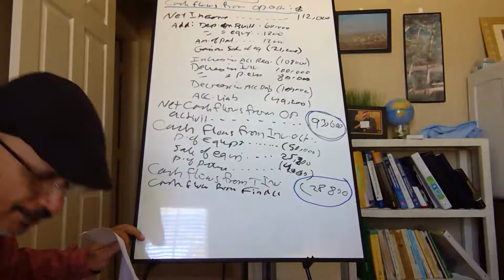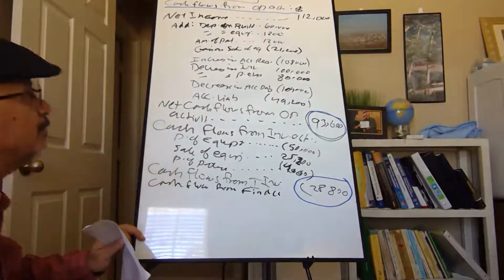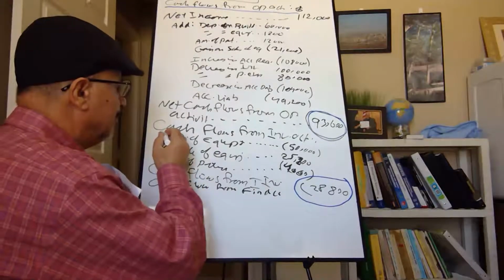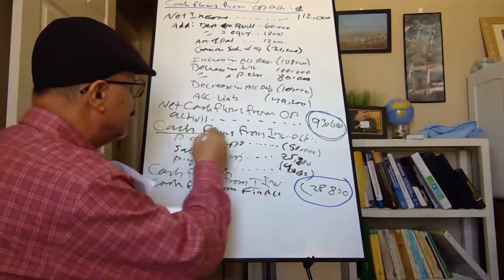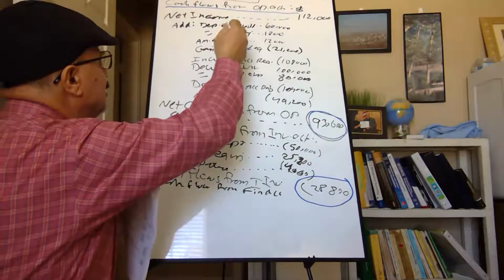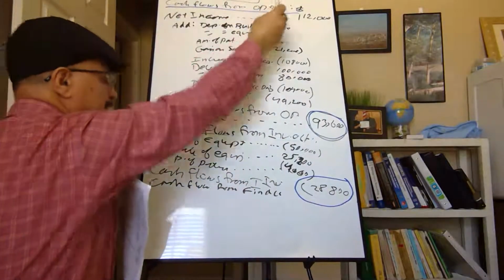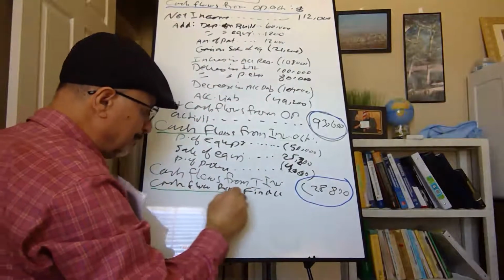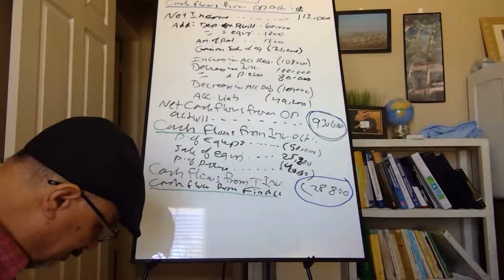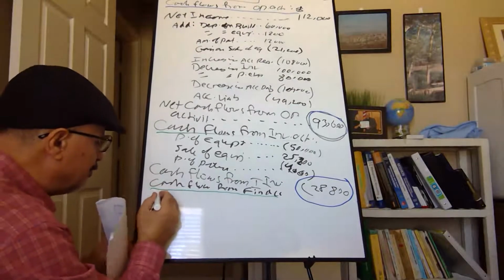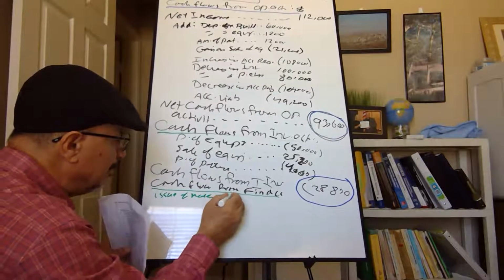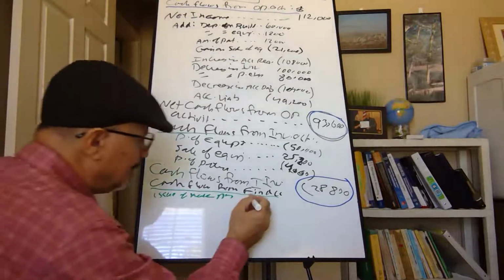So we have cash flows from investing, cash flows from operating activities, that one, and now we have cash flows from financing activities. Okay, so we have the issue of notes payable for $100,000.